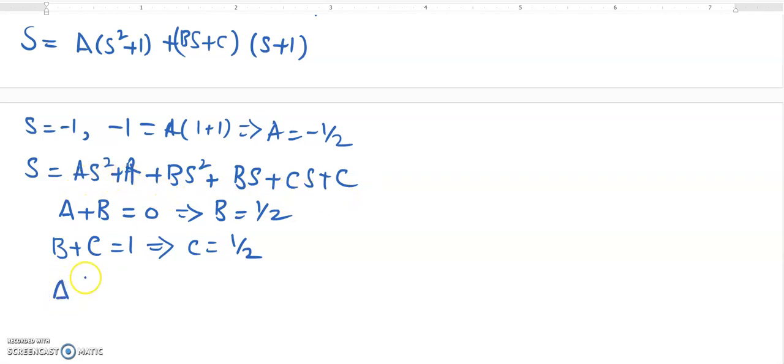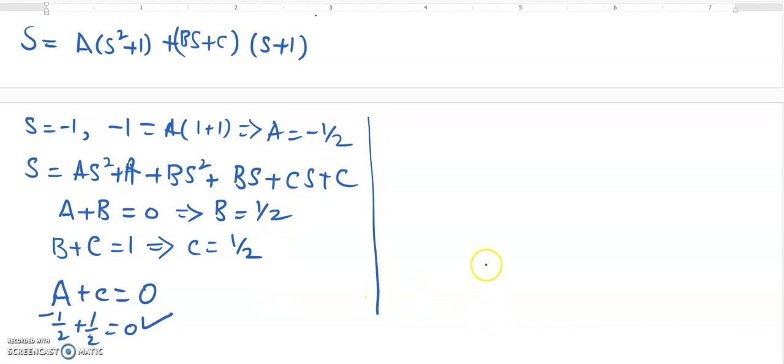The remaining A plus C should be equal to 0 because there is no constant term on the left hand side. A was -1 by 2, C was 1 by 2, so this is verified.